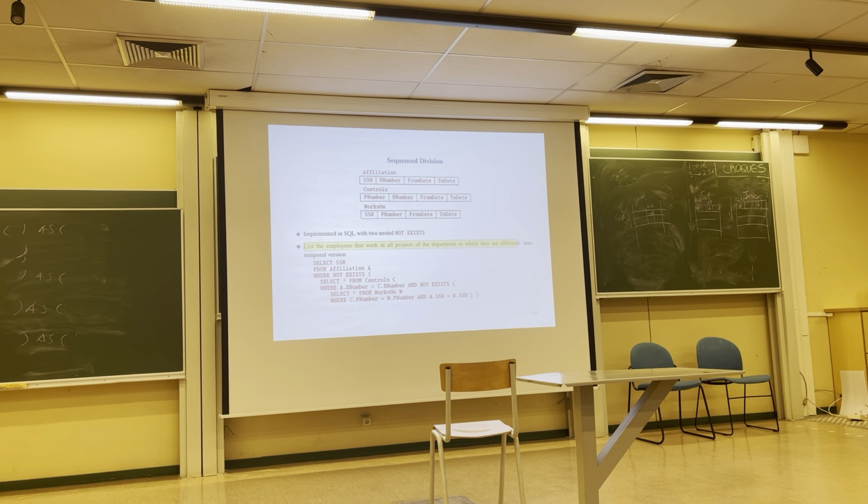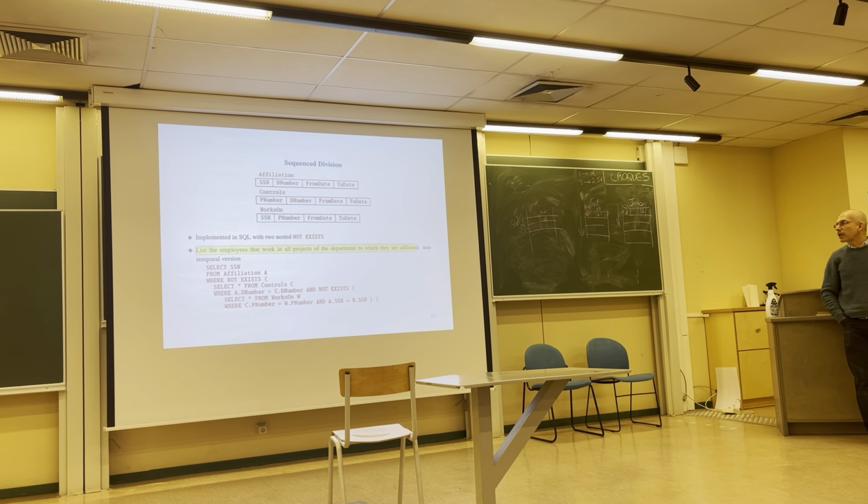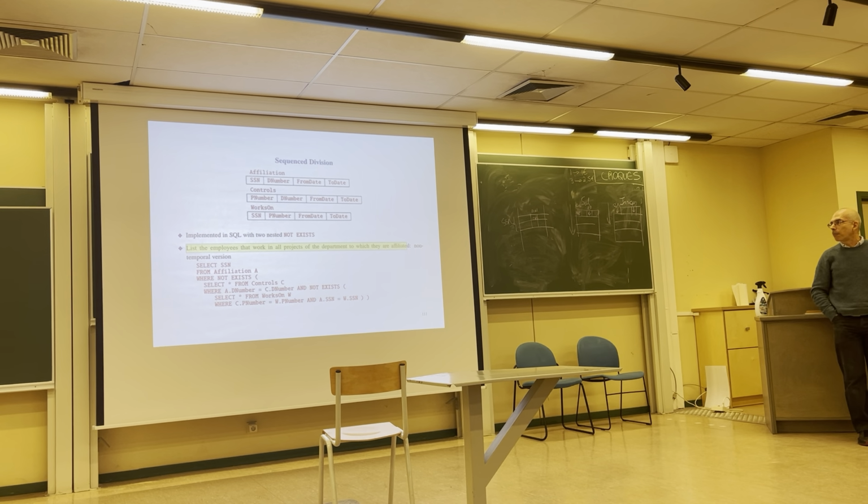And therefore we need to do this kind of silly thing, which is nevertheless very expensive in computation. But the idea is that we need to express a universal quantifier, which is the for all. Give me the employees for which there is no project of her department in which she doesn't work. And this is the sequence of how we write this in SQL.